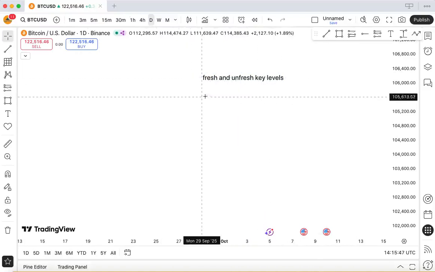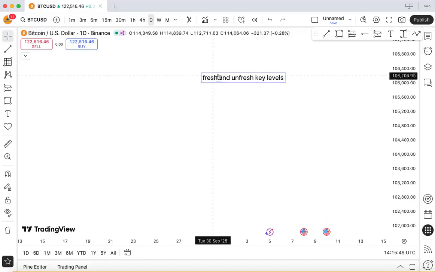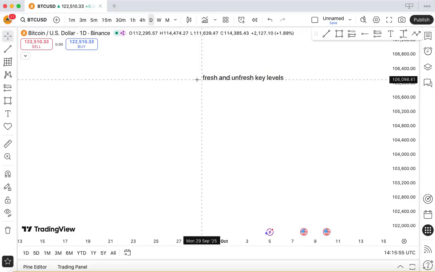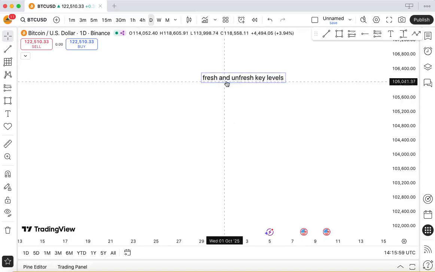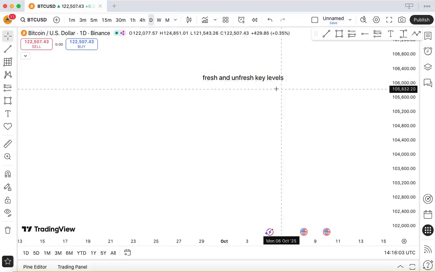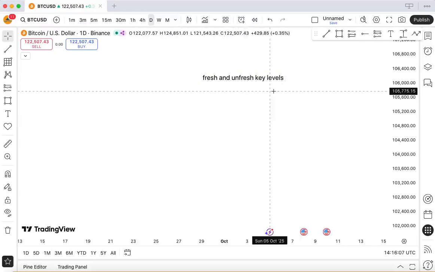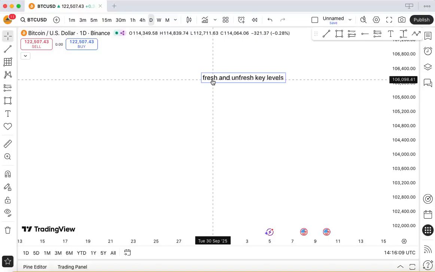First thing first, we only use fresh key levels, and we don't use unfresh key levels. If you see a key level being unfresh, we don't use that one. If you see a key level fresh, we use that key level.